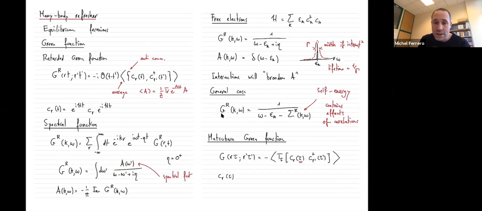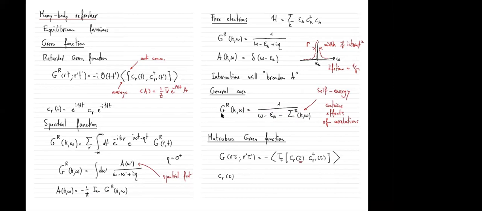But I can also write it like this. Instead of having the integral, I can encapsulate the omega dependence in the self-energy. Those are two different ways to write it, but they're equivalent. So I can also write this as an integral of the spectral function, but there's no spectral function in this formula. Instead, the information is coded in the self-energy.